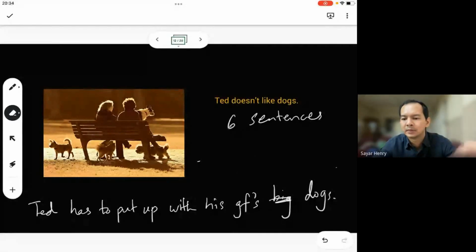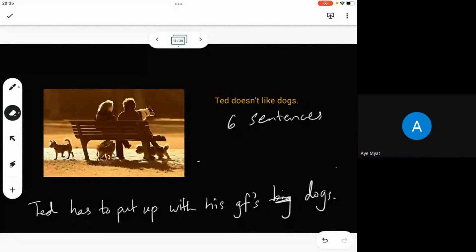Ted doesn't like dogs. He doesn't like not only dogs but also other animals. He hates them and they make him annoyed. Especially, he doesn't like dogs because he can hear the dog bark, which is very noisy.